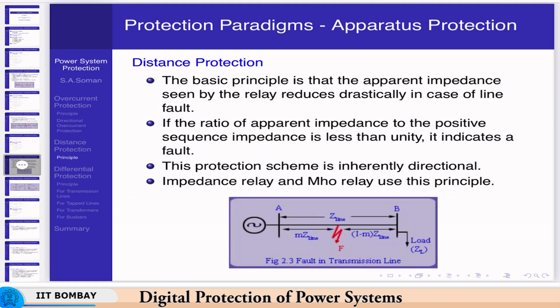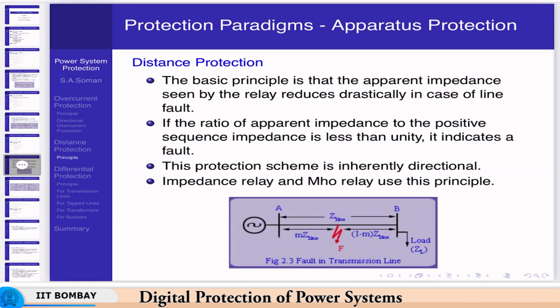If this ratio or this comparison is less than unity, then there is a fault on the transmission line and the relay will issue a trip command. Because it consists of phasor quantities V by I, the resultant is Z angle theta, where theta is the impedance angle, which can be also written in rectangular coordinates as R plus jX, which implies that it is inherently directional in nature.